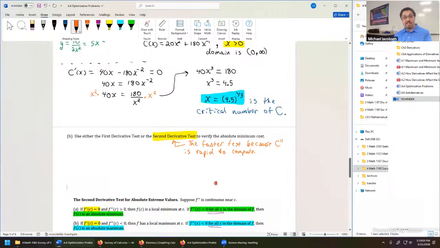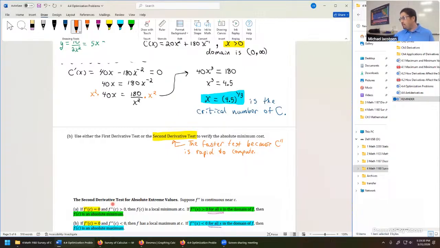Now, this second derivative test is modified just like the first derivative test. This one is going to give us absolute extreme values. First thing we need is this part highlighted in yellow. That's just the critical number. We solved that when we took the derivative and set it to 0. We found the critical number, 4.5 to the power 1/3. Once we found that, the next thing we do is take the second derivative.